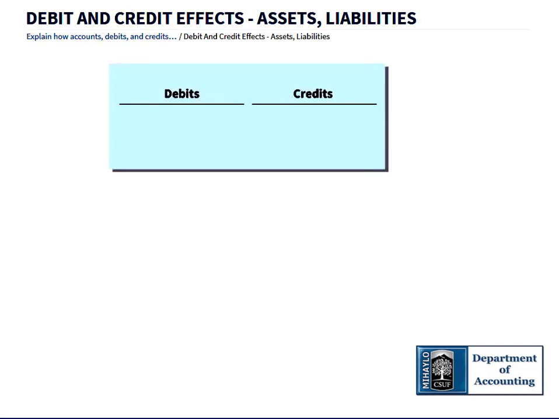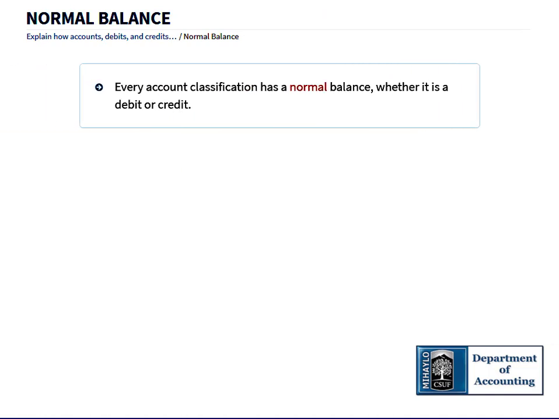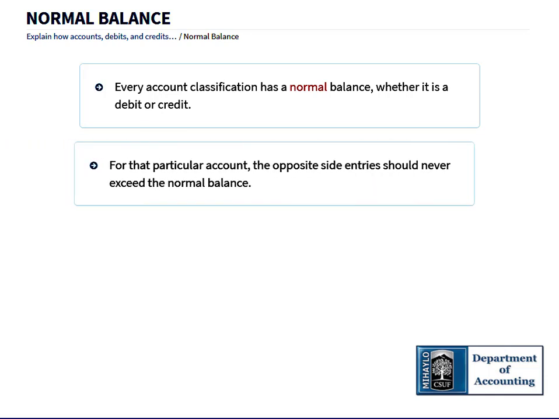The effects that debits and credits have on assets and liabilities are shown here. Every account classification has a normal balance, whether it is a debit or credit. For that particular account, the opposite side entries should never exceed the normal balance.